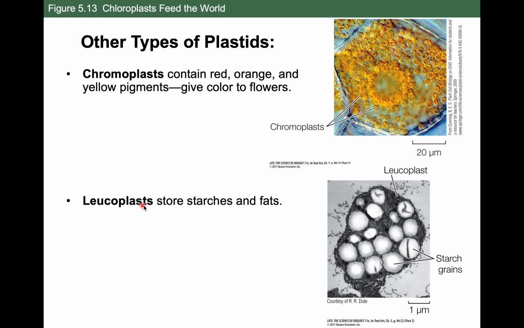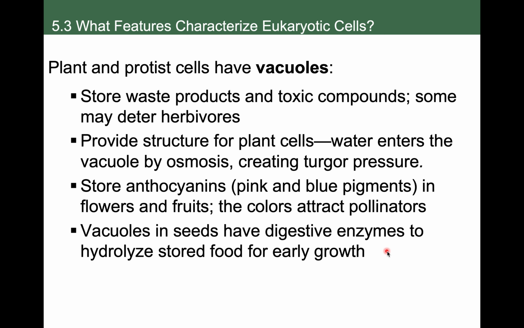There are leucoplasts, which are plastids that store starches and fats. You can see a leucoplast here with these big starch grains show up as these white blobs on the electron microscope inside of that structure. So just be aware there are other types of plastids.